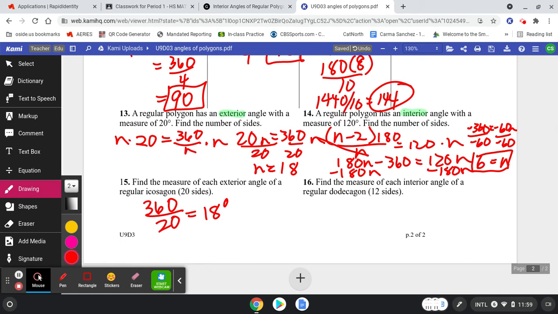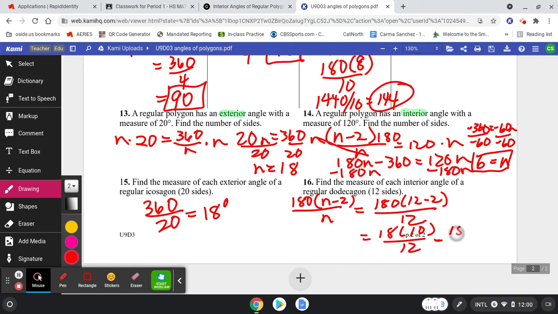Finally, we find the measure of each interior angle of a dodecagon, or a 12-sided figure. So again, the measure of each interior angle of a regular dodecagon, so that's using this formula here. So that's 180 divided by 12.